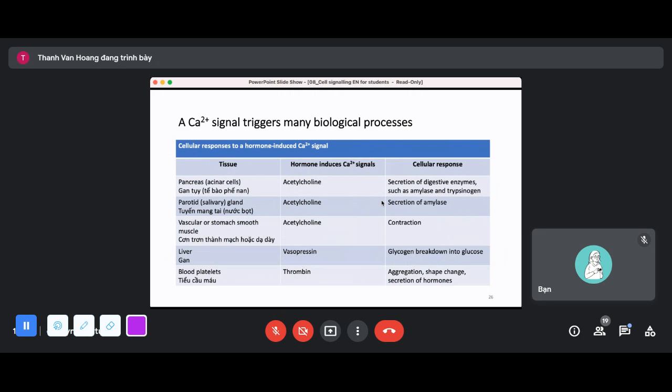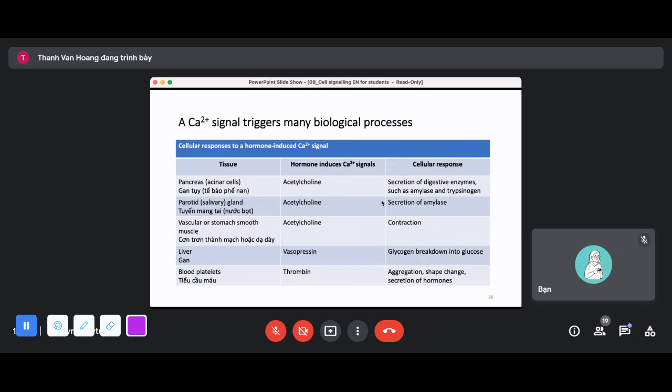Calcium signaling regulates many biological processes. As we talked previously about acetylcholine, it transduces signal through calcium ions.